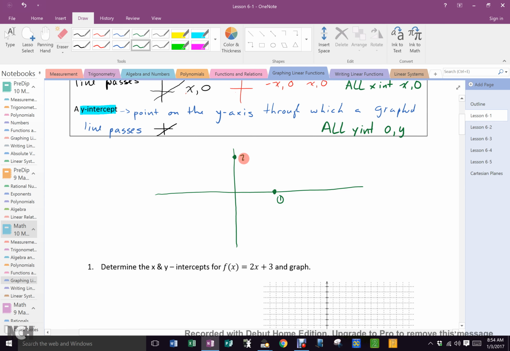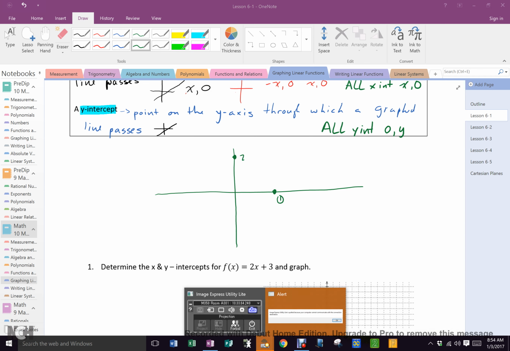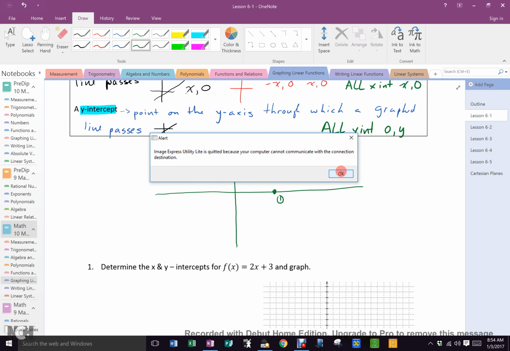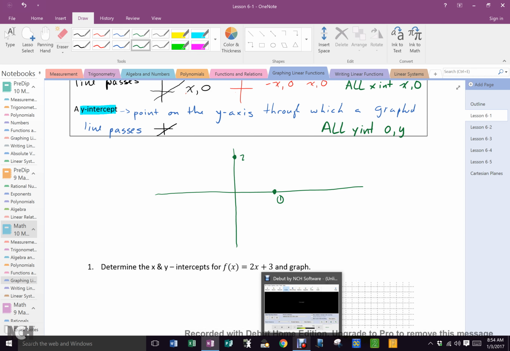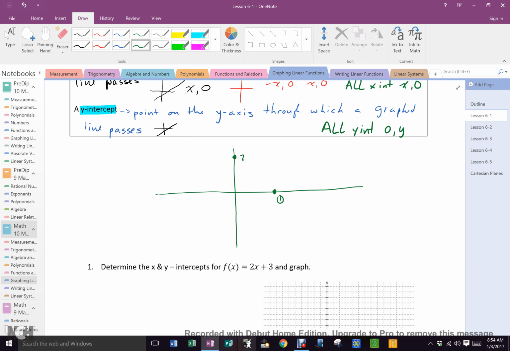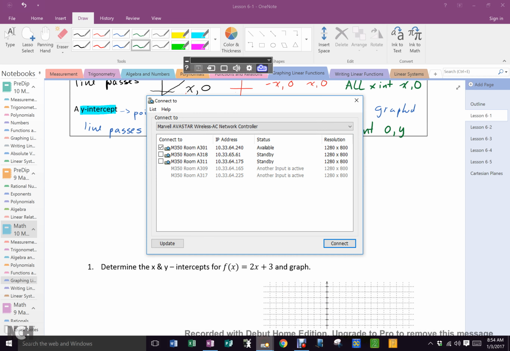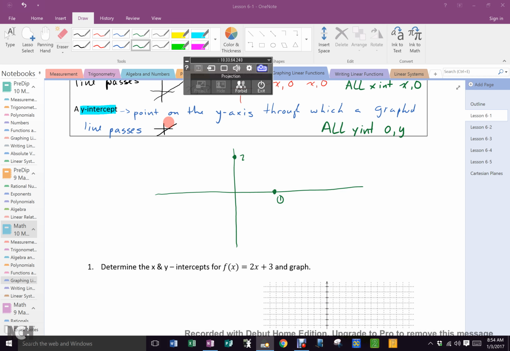There's dot 2. We're going to start with those 2. All right? Now, when I connect them, I'm given an x and a y-intercept, yes?